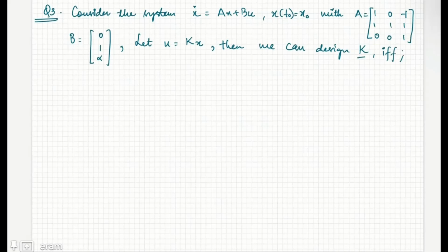So this K will exist for controlling the system x dot equals Ax plus Bu if and only if alpha equals what? What should be the condition on alpha such that we can design a matrix K in order to control our system x dot equals Ax plus Bu with A and B given over here.